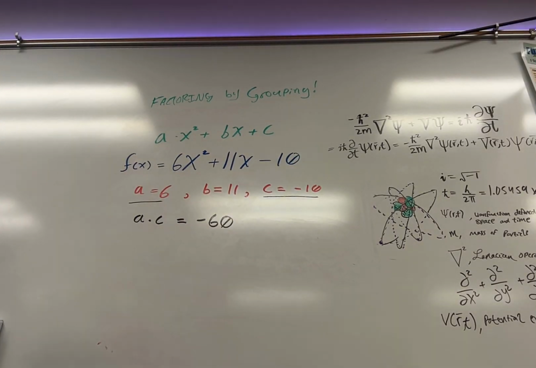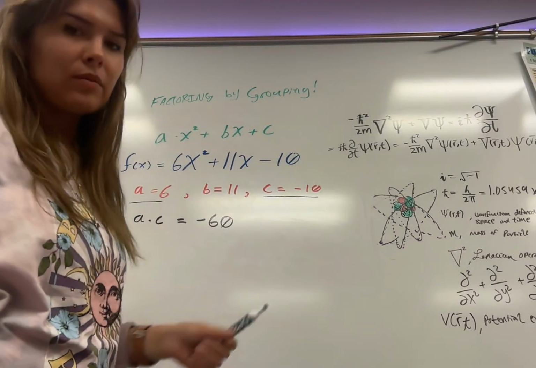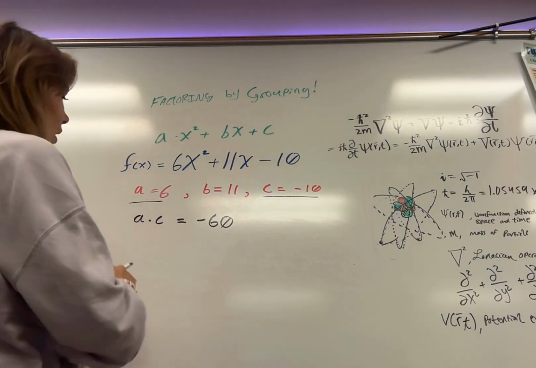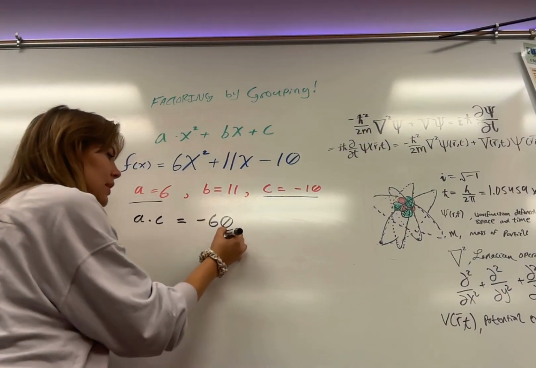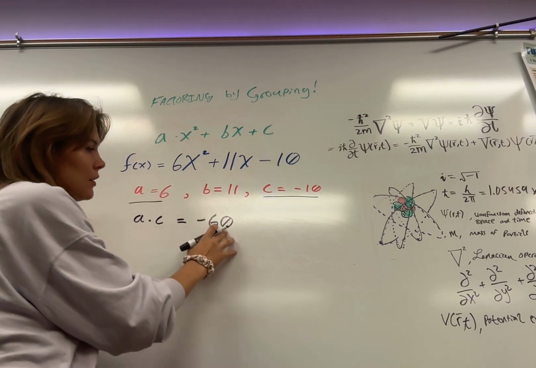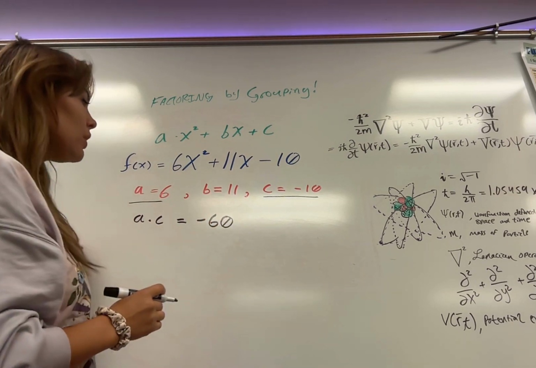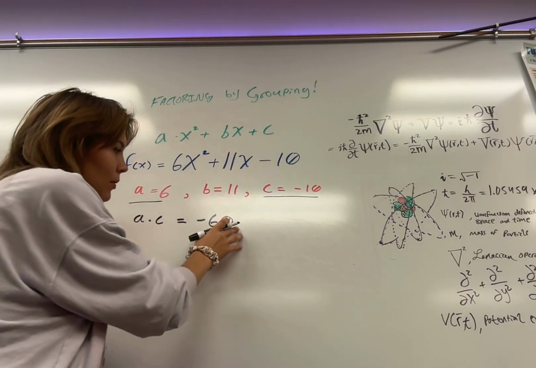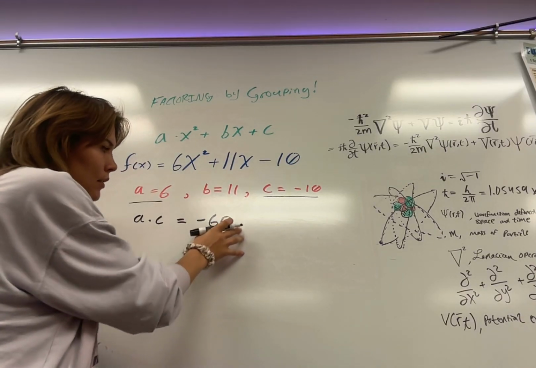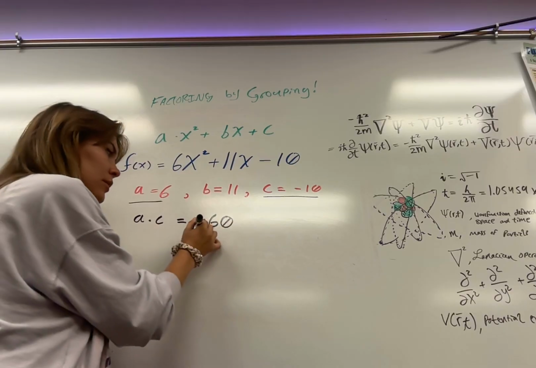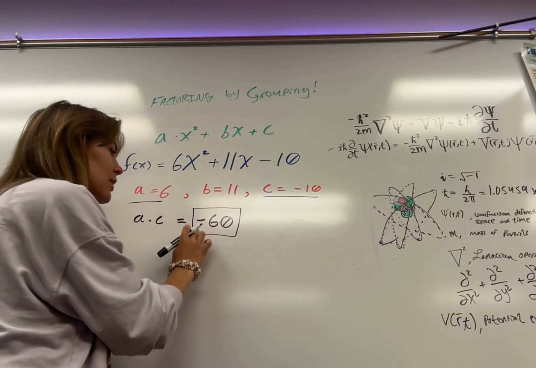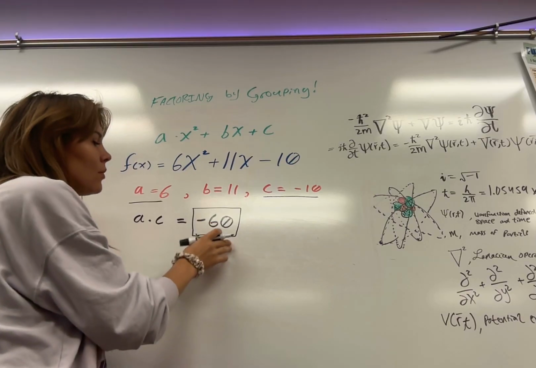Awesome. Now, I wish it was that simple. I wish that this was the only step we had to do, but it's not. The next step is to take a times c and factorize it. Okay? Really what we're trying to do is we're trying to find some way to break up the factors of this number, a times c, such that if we were to add them together, they equal b.